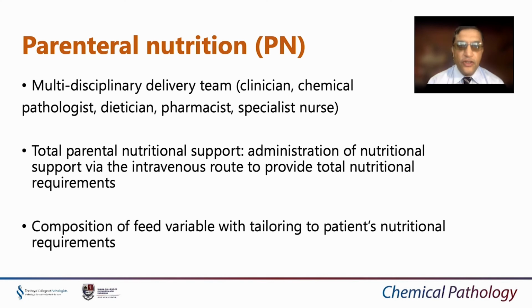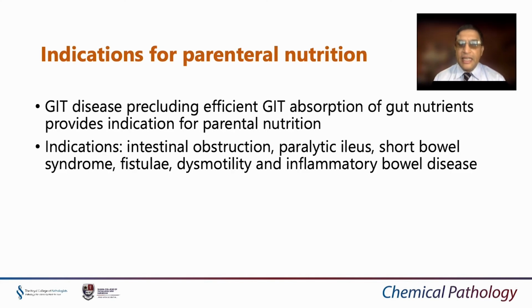The composition of parenteral nutrition formulations is different and, as for enteral, needs to be guided by the patient's nutritional needs and disease status. The indications for parenteral nutrition include GIT disease that precludes efficient absorption of gut nutrients.